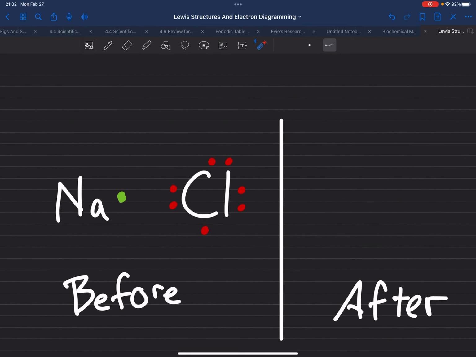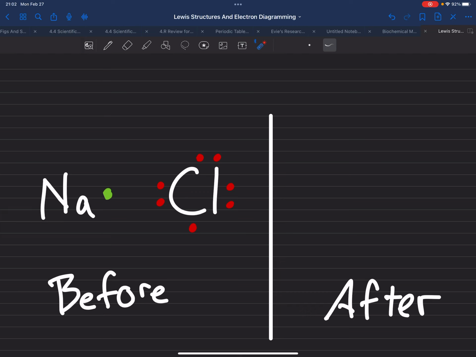All right. Using this diagram, what we're going to look at here is very similar, but as mentioned before, Lewis diagrams are much easier to do than shell diagrams.